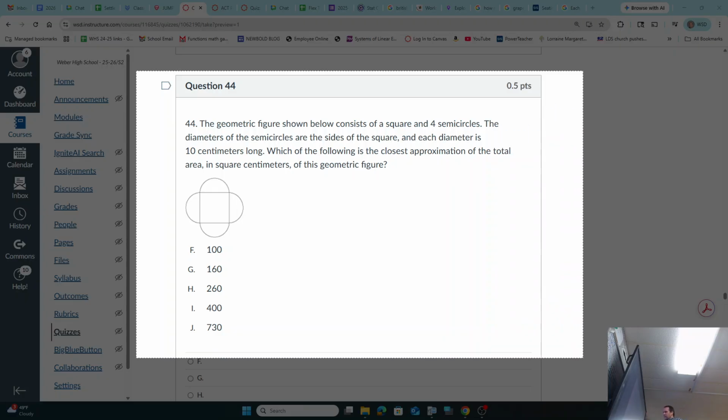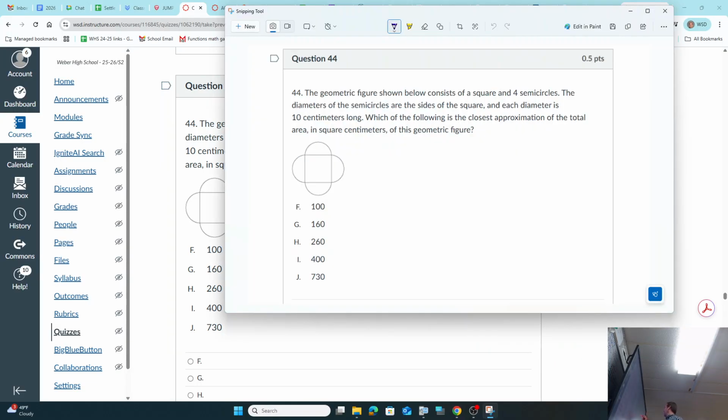You got this. Okay, so we have 4 semicircles, and it's a diameter of 10. So that's going to be 10 times 10 is 100. So that's the rectangle. And then the circle is actually 5, right? For the radius is 5. And we have 2 circles. So we have pi 5 squared times 2 circles.